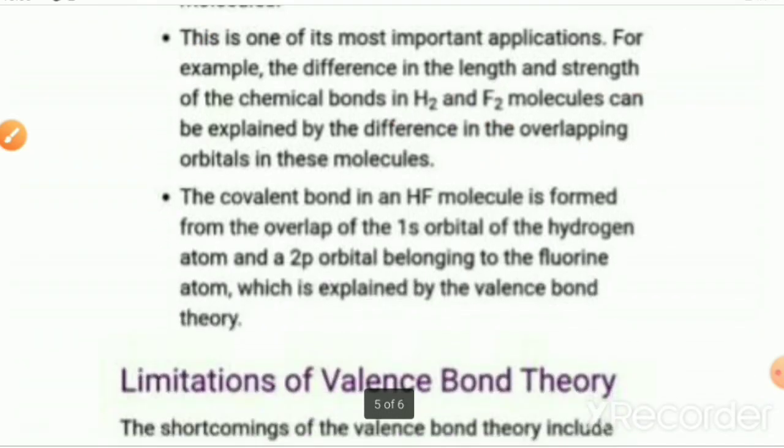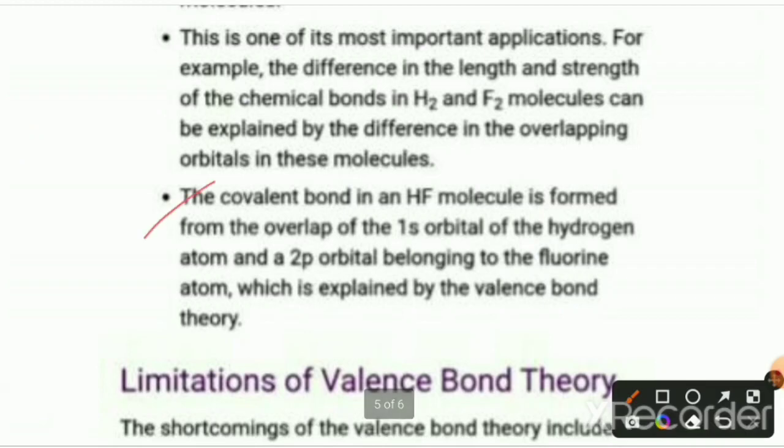The third application is the covalent bond in the hydrogen fluoride molecule, HF. There is a 1s orbital of hydrogen and a 2p orbital of fluorine, which is explained by valence bond theory. There is a covalent bond between H and F.